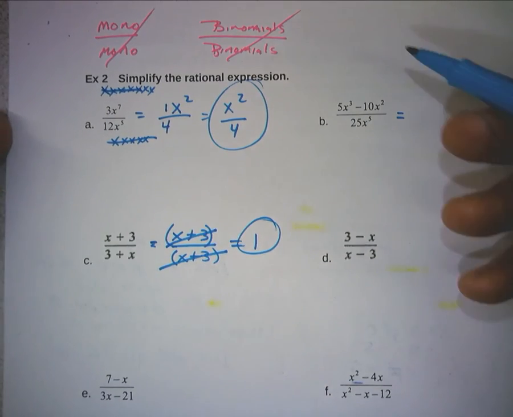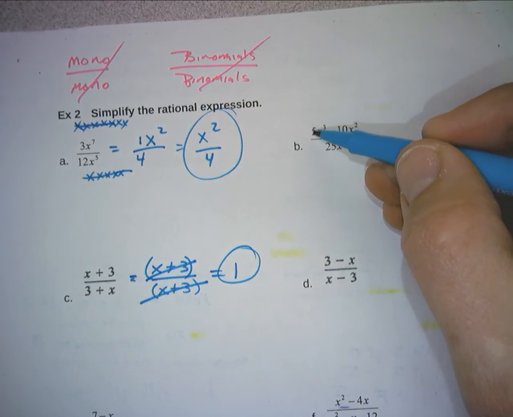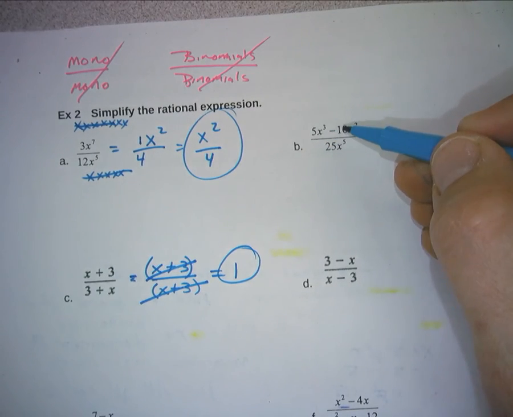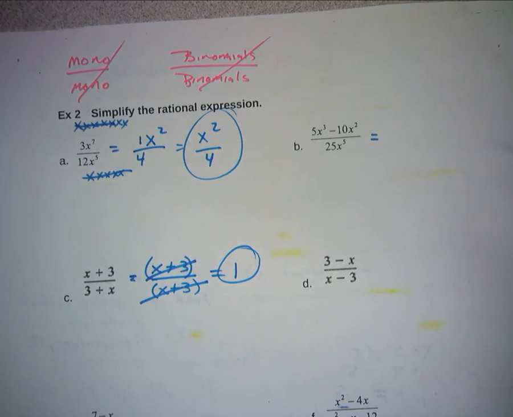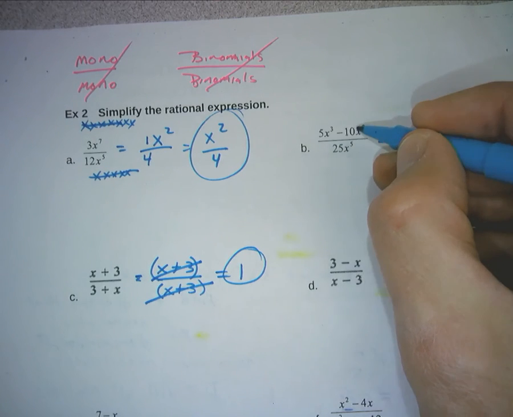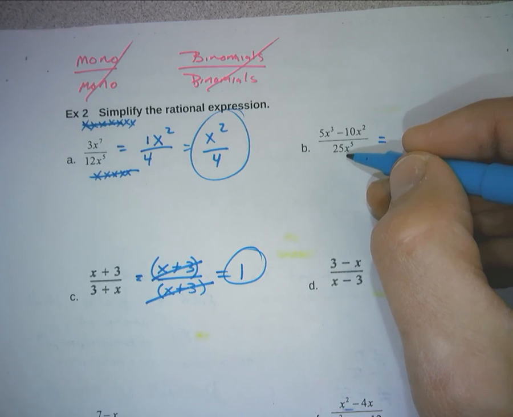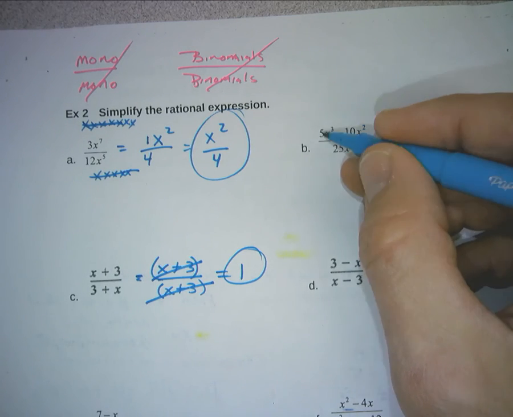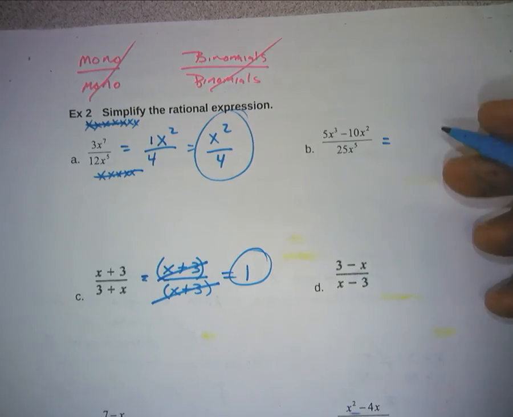So now I take a look at B. If you're writing this down, I've got 5x to the 3rd minus 10x squared, and that's all over 25x to the 5th. On top, we call this a binomial. There's 2 terms. On the bottom, I've got a monomial. And this is where I can't just go take pieces away from everything. That doesn't work like that.